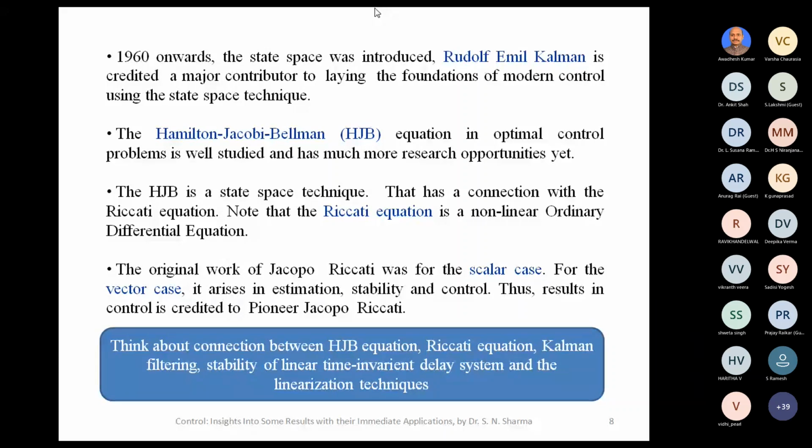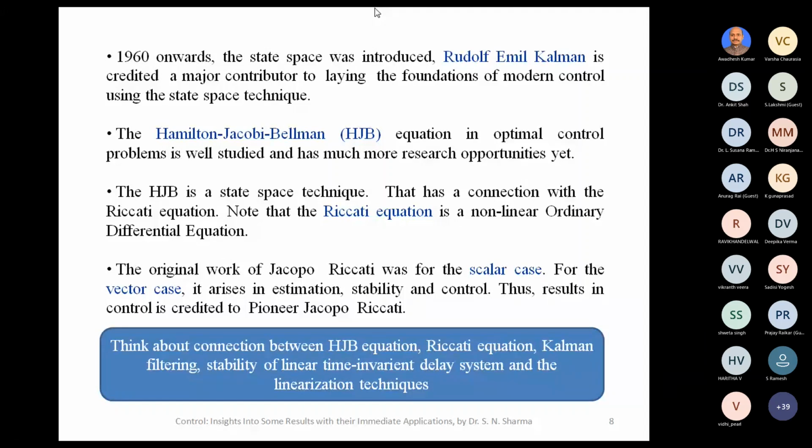It is a regulator design problem, and it tells you how the feedback parameters evolve. So the Riccati equation is a consequence of the Hamilton-Jacobi-Bellman equation. Got the point?